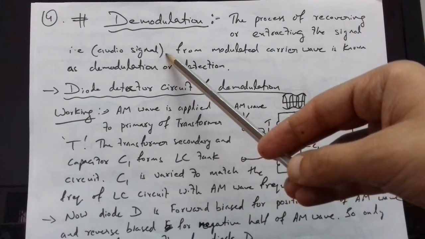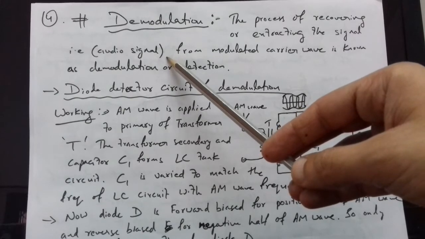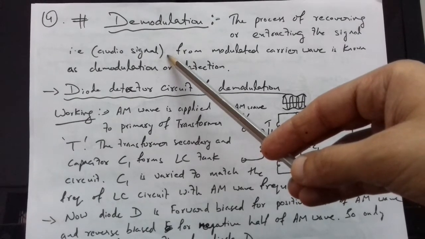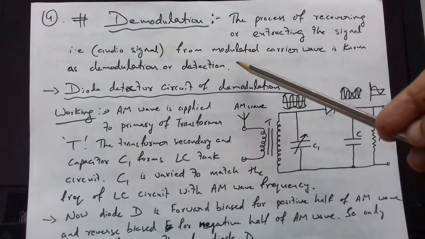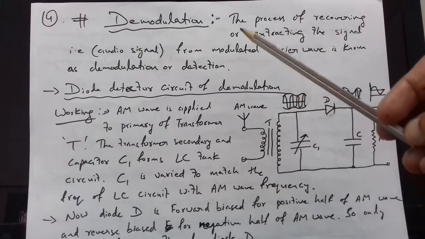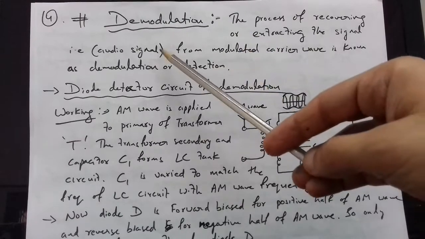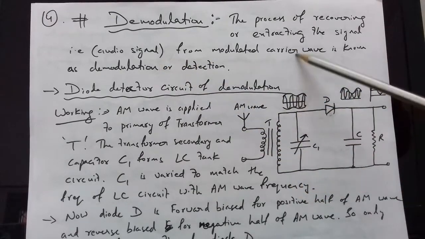As the strength of the audio signal is small, it is not possible to send it as it is from one place to another. Therefore we use the process of modulation, in which the audio signal is superposed on the carrier wave.